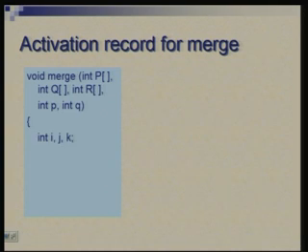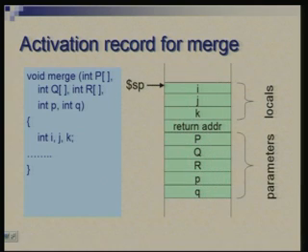Okay. So, accordingly, we will create an activation record. We also will need to take care of the local variables. So, we had 3 local variables i, j and k. So, this is a possible activation record. What we have done is we have placed the parameters here. Okay. There is a return address and the local variables.